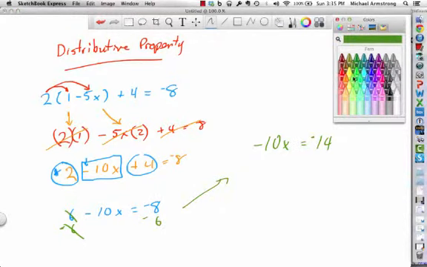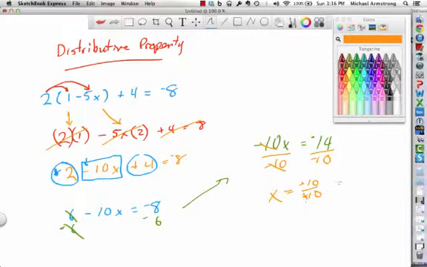Okay? And then we move on to the last step, I think, almost the last step, where we're trying to get the x by itself. We divide both sides by a negative 10. And negative 10 over negative 10 is 1, which just leaves us x. And negative 14 over negative 10, the negatives cancel out and becomes positive.